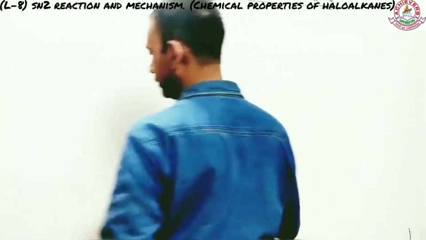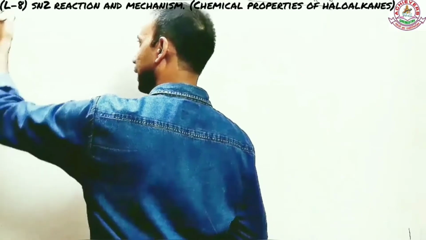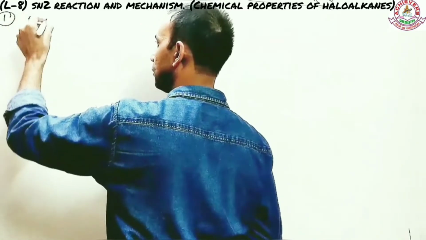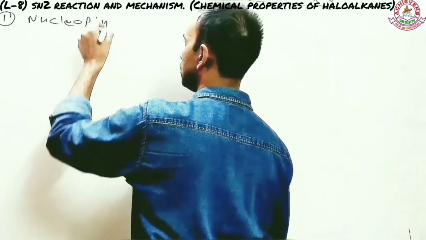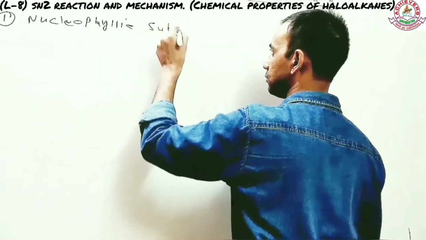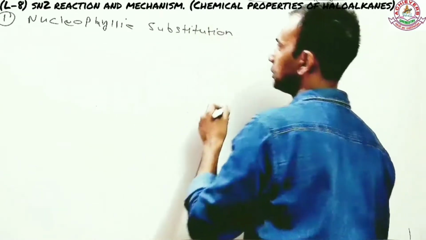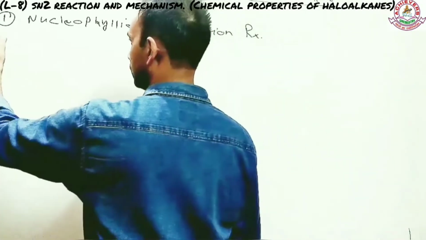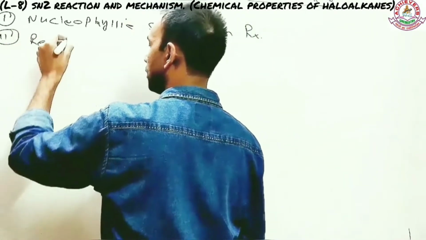So now the question is, how many types of reaction can haloalkanes undergo? So the first reaction they undergo is nucleophilic substitution reaction. And the second, they can react with metals.